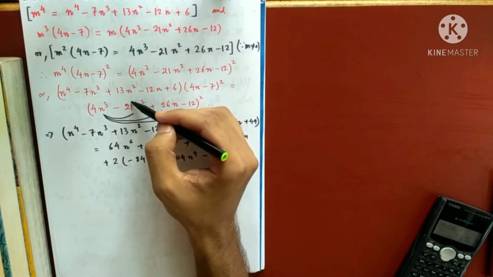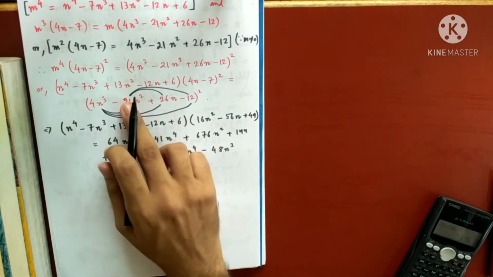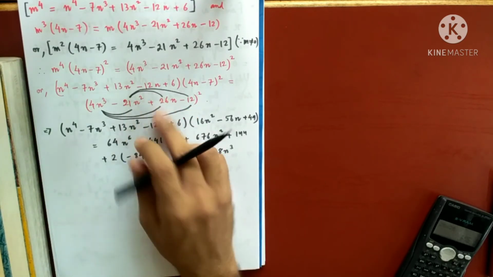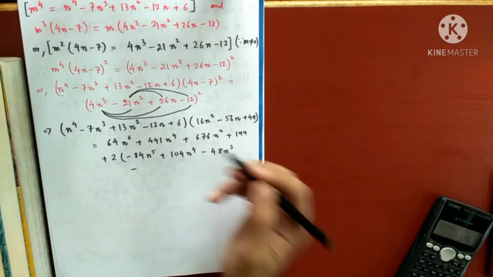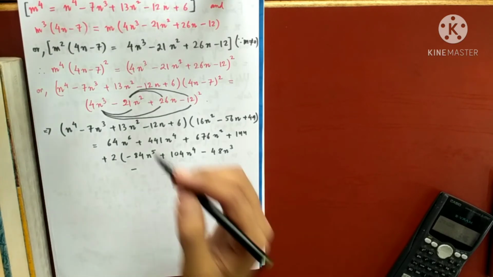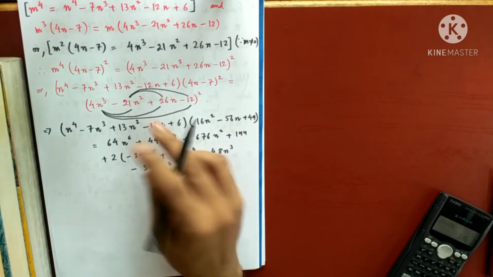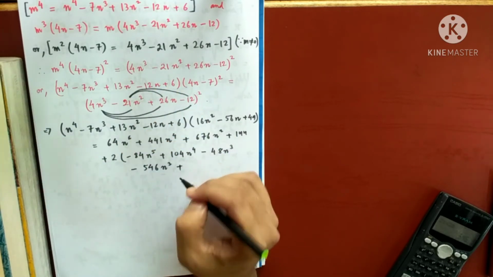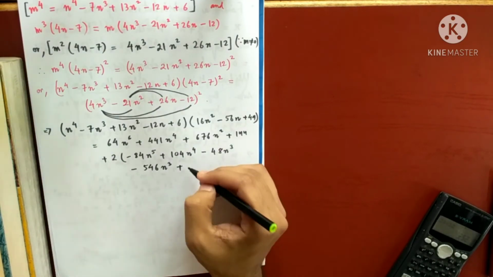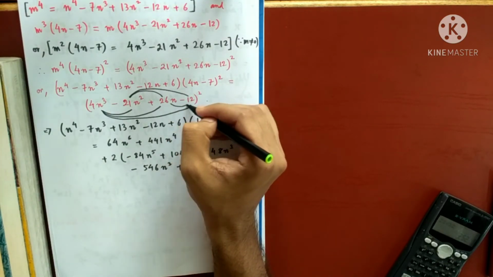And then take the second one with third and second one with fourth. So second with third, minus plus is minus, 21 into 26, I am getting 546. So minus 546 n cube, and then second with fourth, minus minus is plus 21 into 12, 252 n square, and third with fourth, last one.